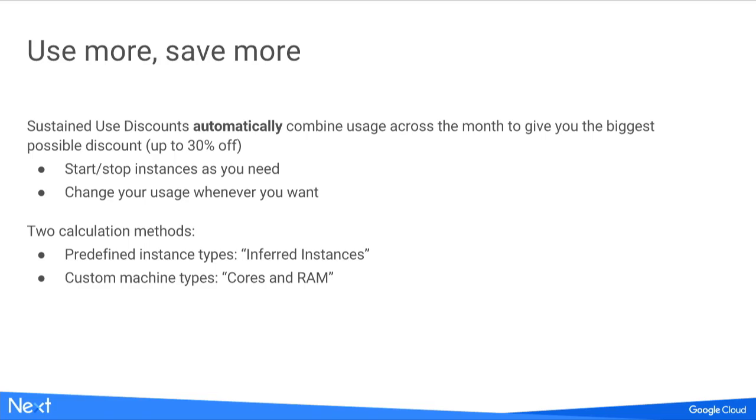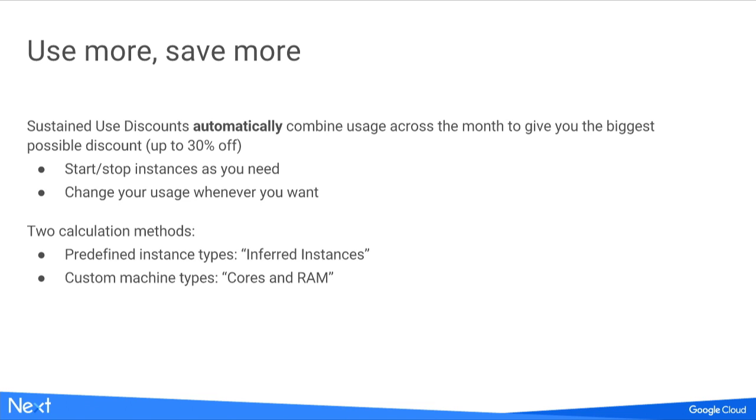One detail I want to mention here is that there are two modes of calculation for a sustained use discount. If you want, you can call them SUD 1.0 and SUD 2.0. The first is the original sustained use discount that we launched, which uses a concept called inferred instances. I'm going to talk about what that is in just a minute. The second is what we do with custom machine types.